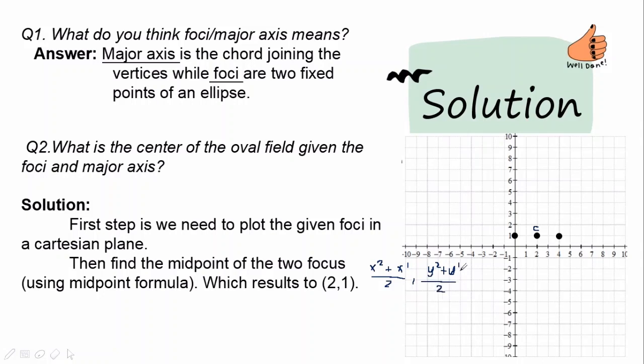So it's either of the two. You can plot the foci, then locate the midpoint, or you can use the midpoint formula to be precise. Again, it's up to you.